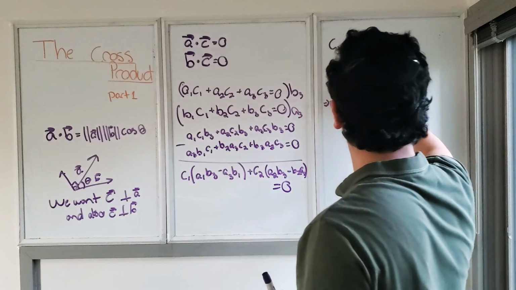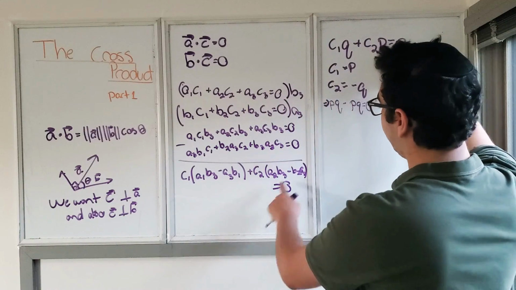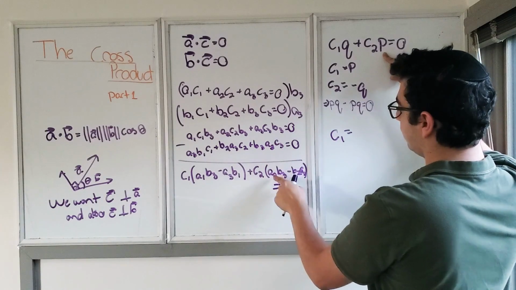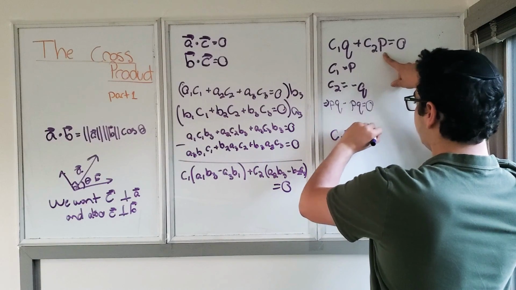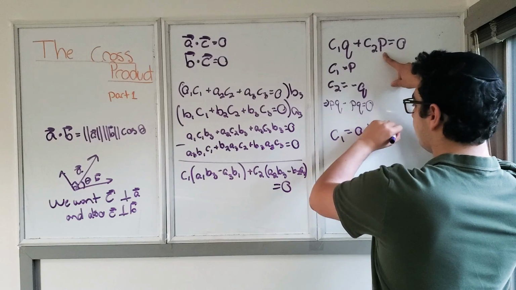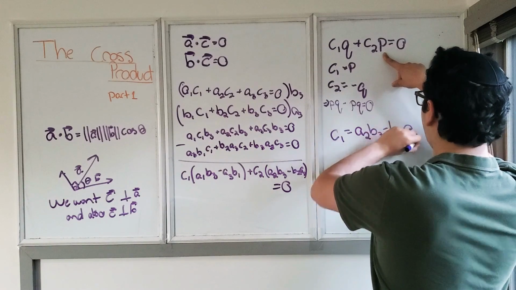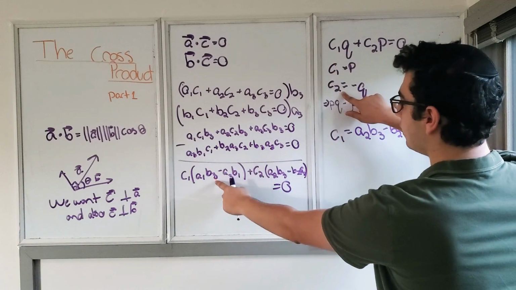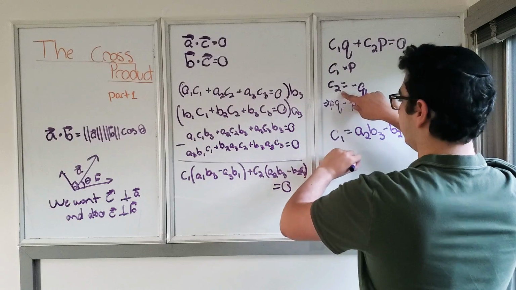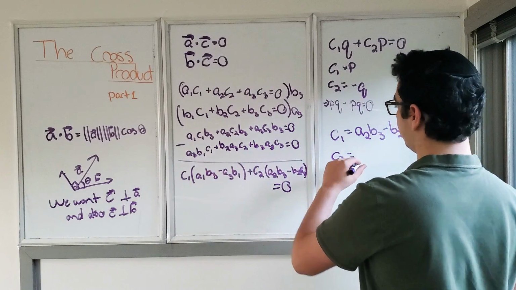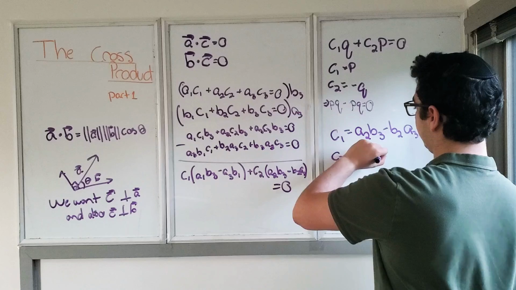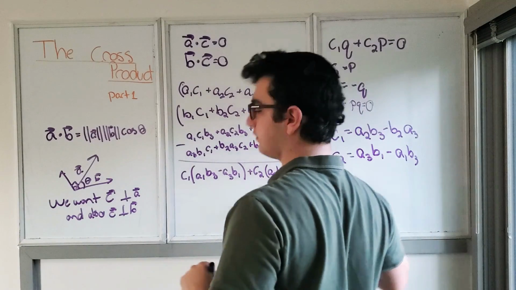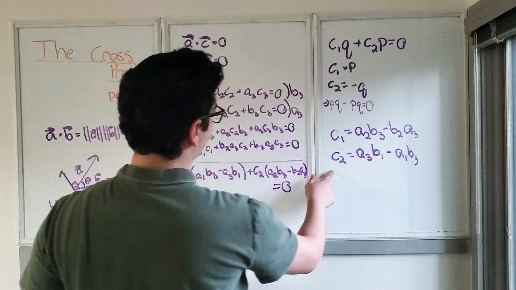C1 equals A2 B3 minus B2 A3. And then we have C2 being equal to negative Q, so C2 equals, I'm just going to flip the order to show the negative. Okay, and now we have solved for both C1 and C2.